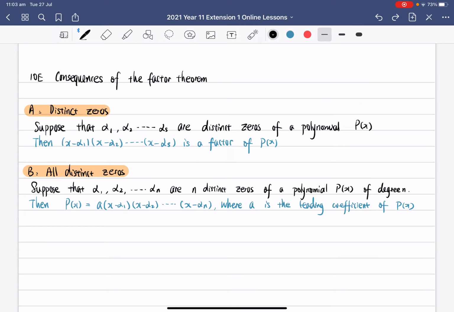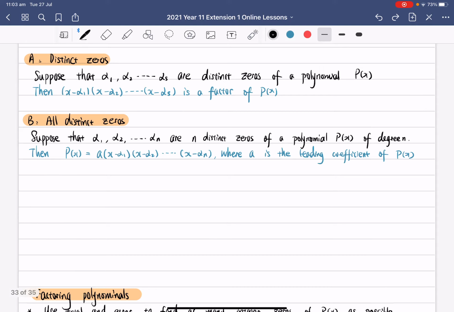It does make sense if you think about it the other way around. If we have the polynomial function factorized as, for example, x minus 3, x minus 4, x plus 4, x minus 5, and x minus 2 is equal to 0, then the zeros of this polynomial equation will be x equals 3, x equals 4, x equals 5, x equals 2.